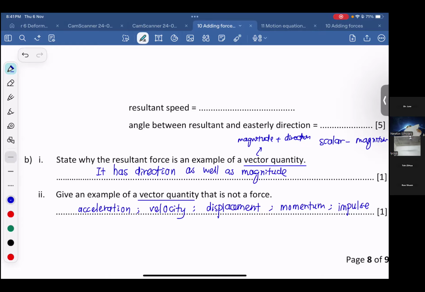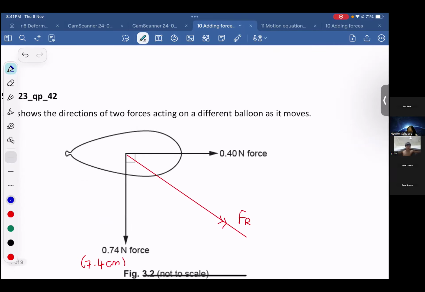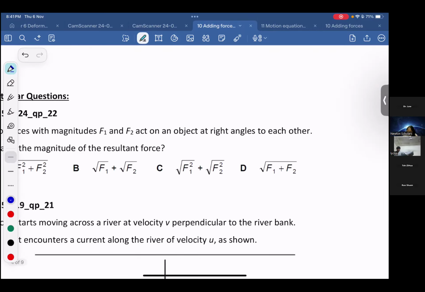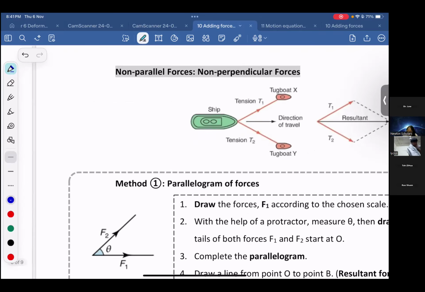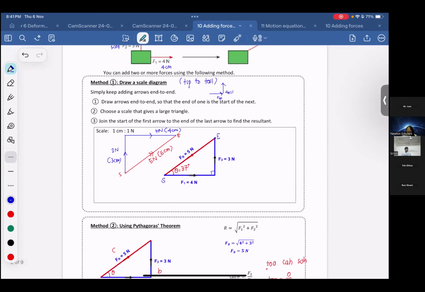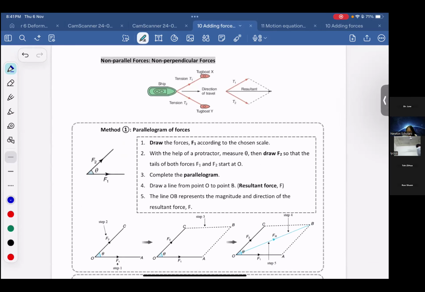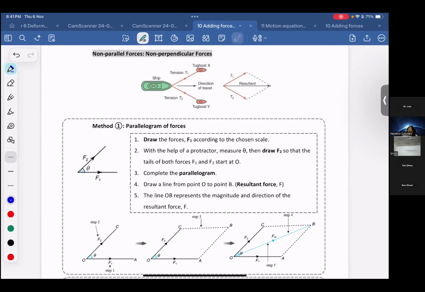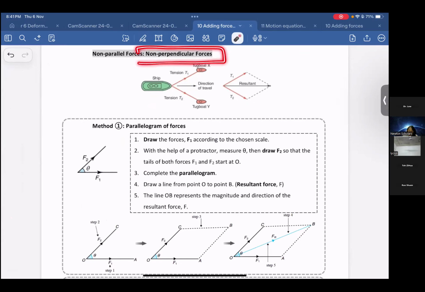back to our question, page number 5 and page number 3. Okay, so the 90-degree is already done. Basically, this is our syllabus. This one is why I still need to teach about non-perpendicular forces.